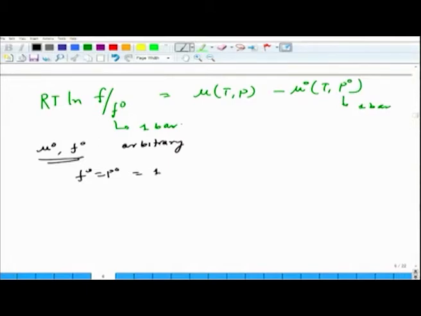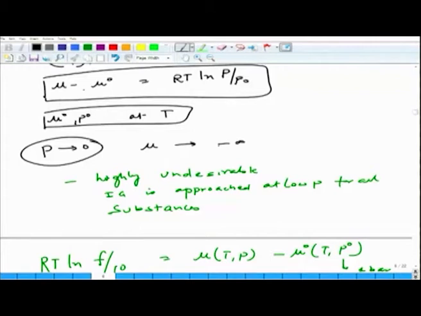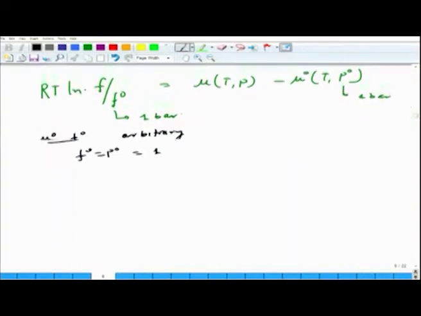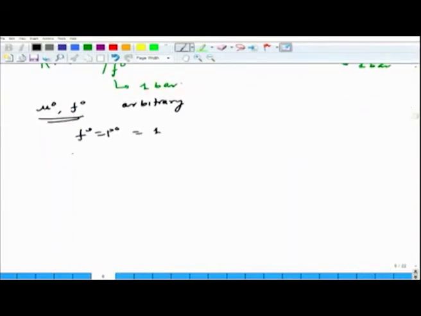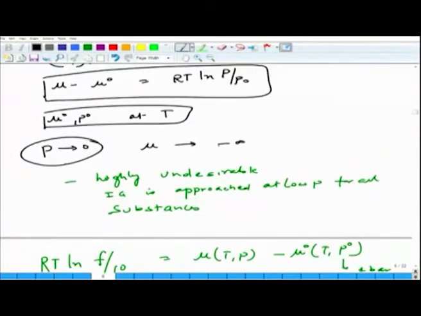If you compare this expression with the earlier expression for μ0, when you consider f0 equal to P0 equal to 1 and plug in here, you can show that, because that other expression is for an ideal gas.